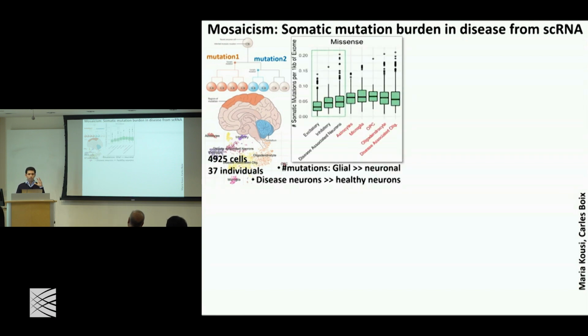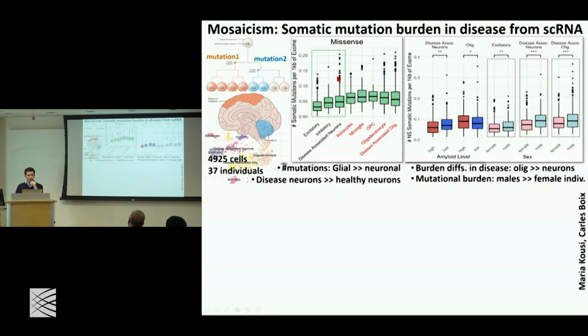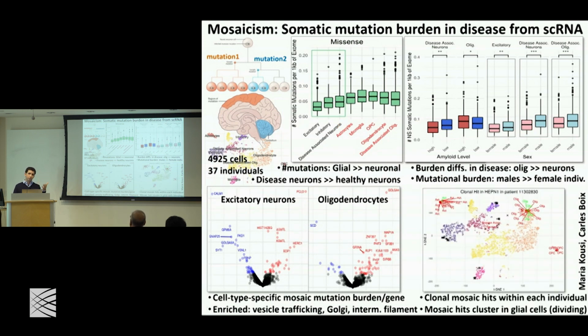So looking for these somatic alterations, what we basically found is that individuals with higher disease phenotypes in fact showed a higher burden of these somatic mutations, specifically in genes and pathways that are biologically consistent. So these were enriched in vesicle trafficking, Golgi, intermediate filaments, and so on and so forth, which are all processes that are known to be associated with Alzheimer's disease.